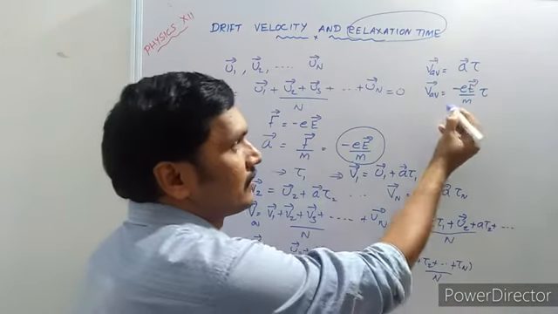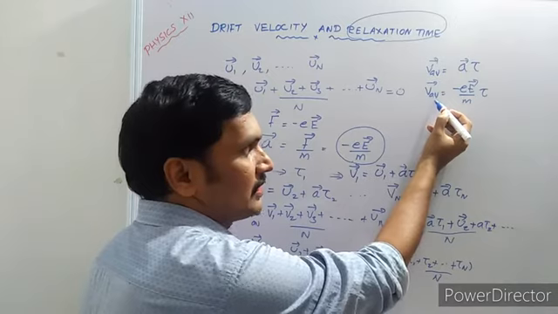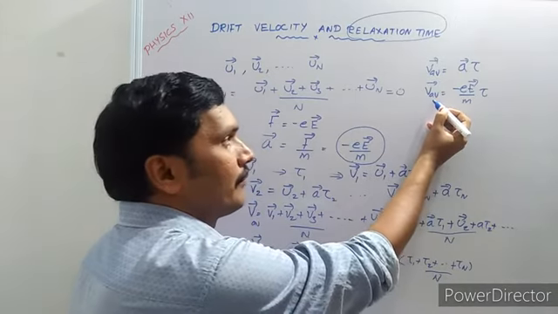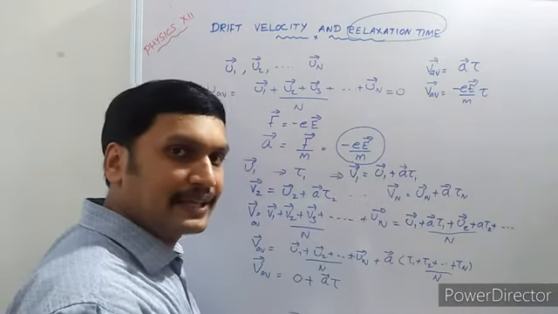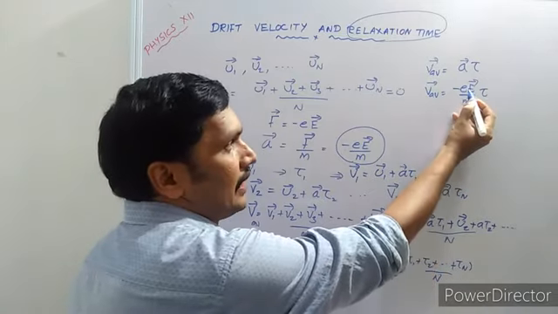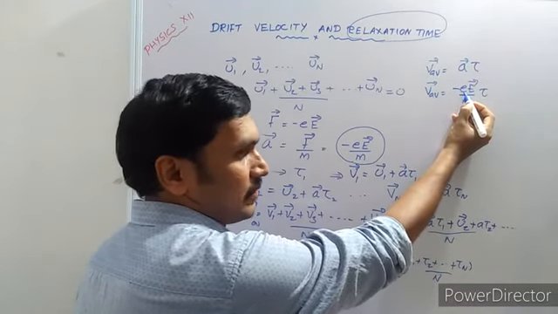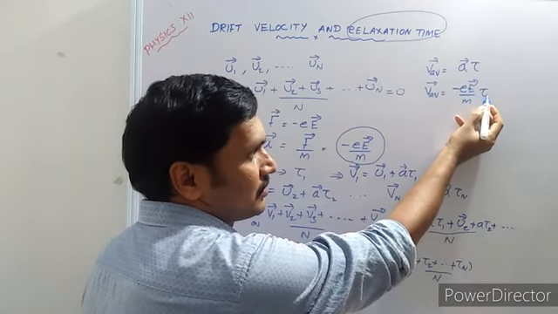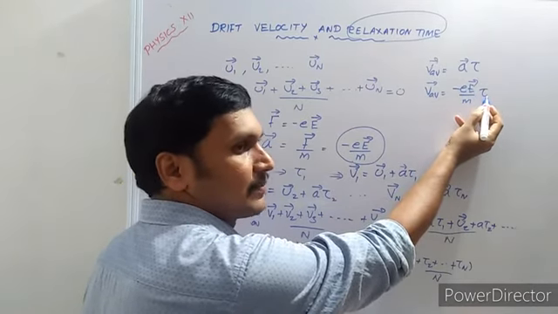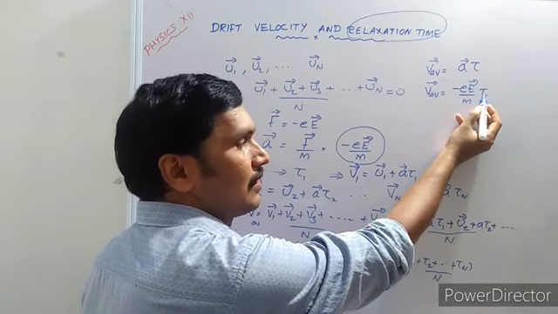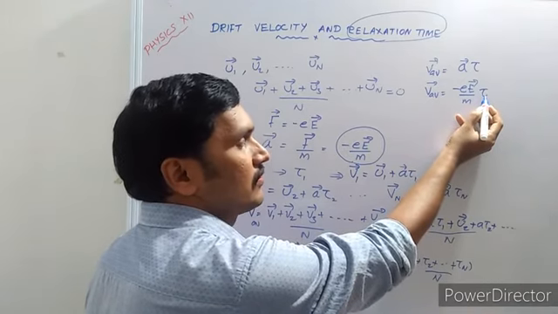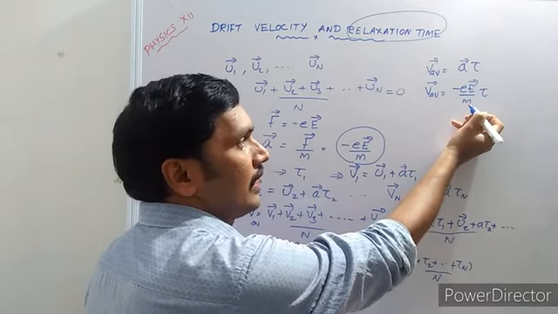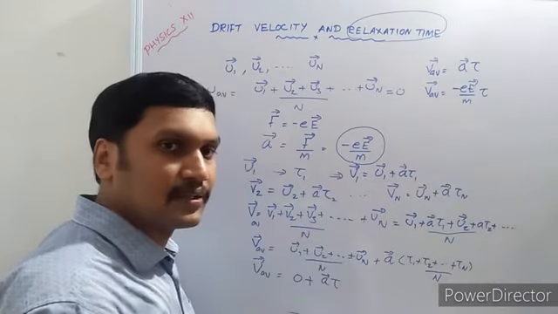What are these terms? This is the average velocity gained by the electron because of the presence of an external electric field, and E is the charge of electron, E is the strength of electric field, tau is the relaxation time, the average time interval between any two successive collisions of an electron, and m is the mass of the electron.